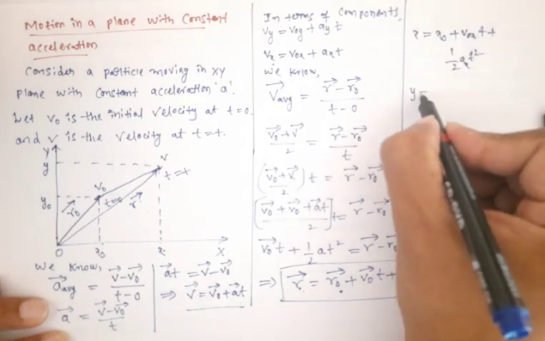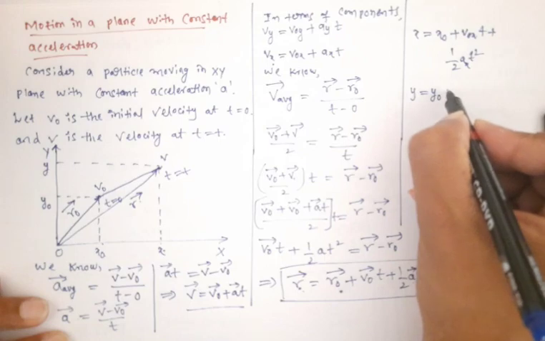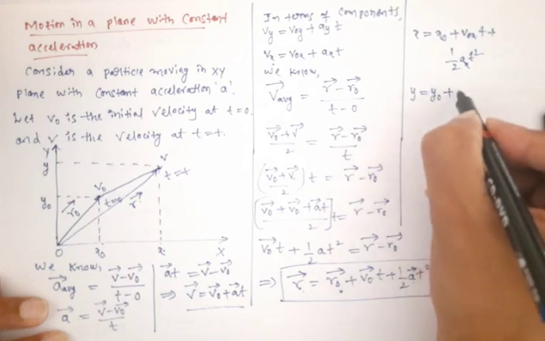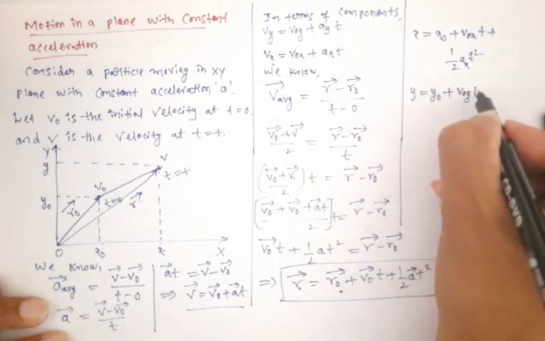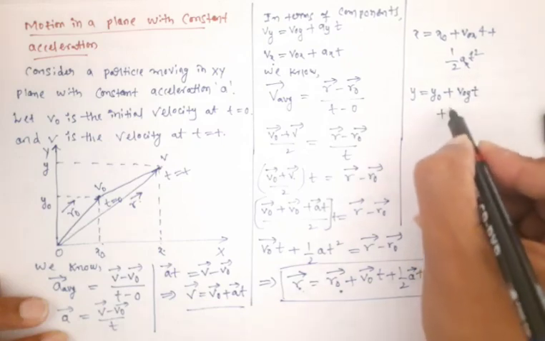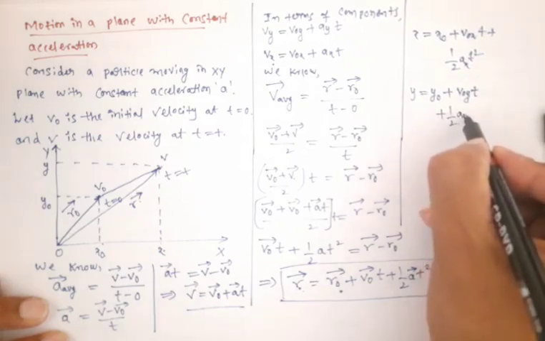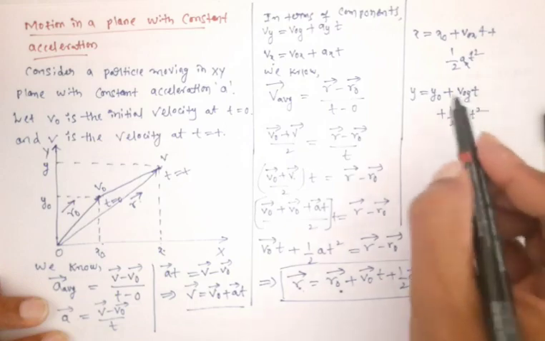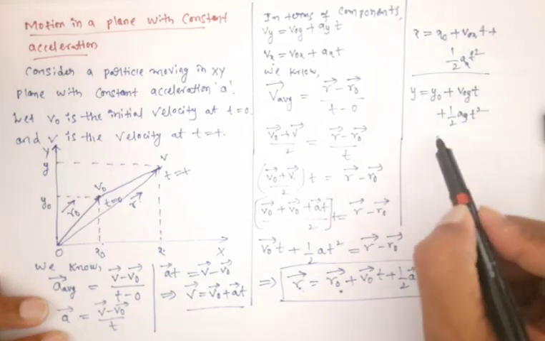In the similar manner, y equal to y naught plus v naught y into t plus half ay into t square. This is for the x coordinate, this is for the y coordinate.